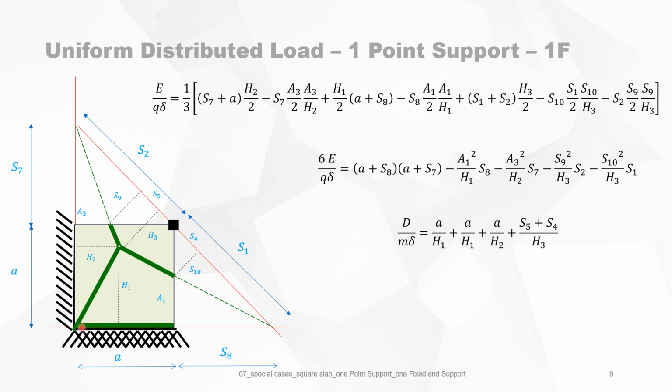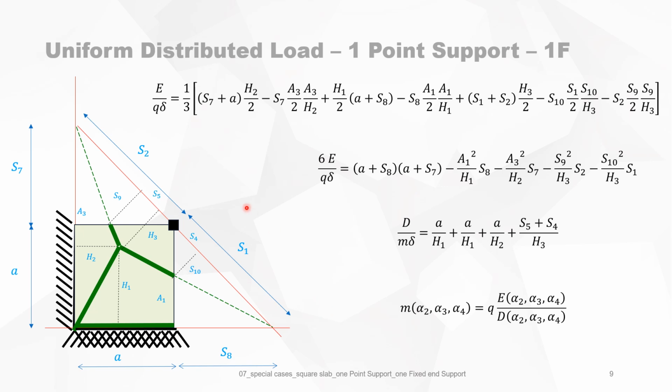It's A multiplied by delta over H1. On this side, this is projected to that axis of rotation, so it gives you A multiplied by delta over H2. And then, of course, those yield lines projected on this axis of rotation give you S5 plus S4 multiplied by delta over H3, which is this expression.